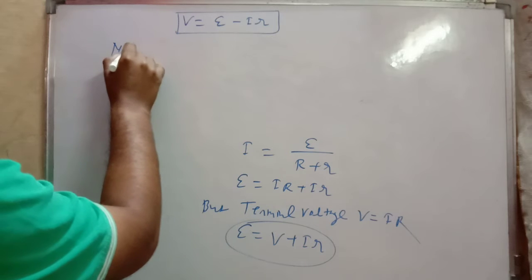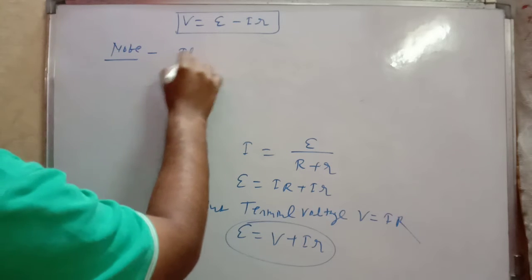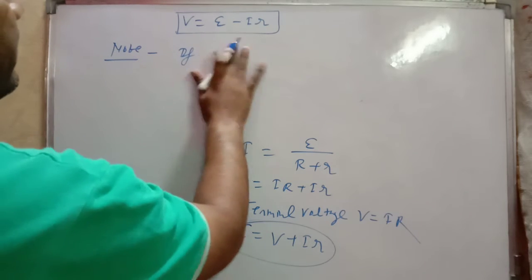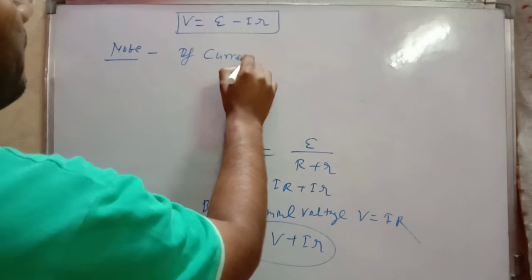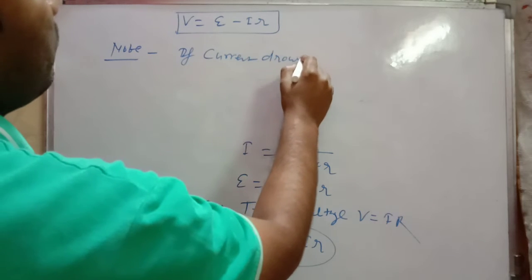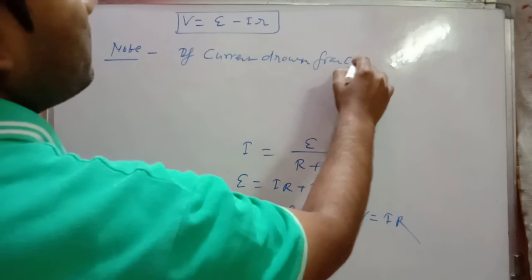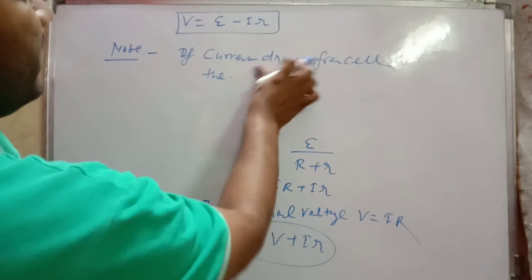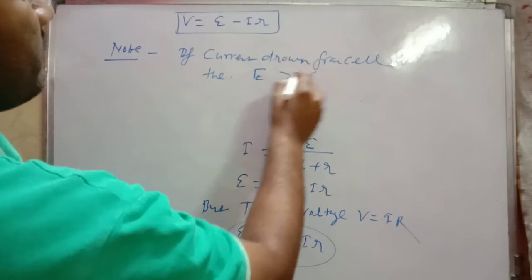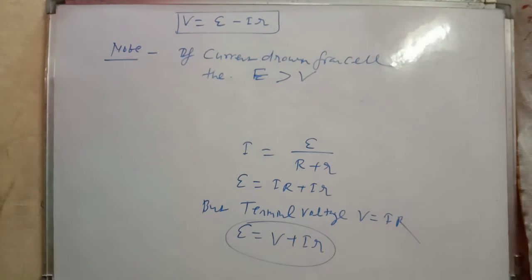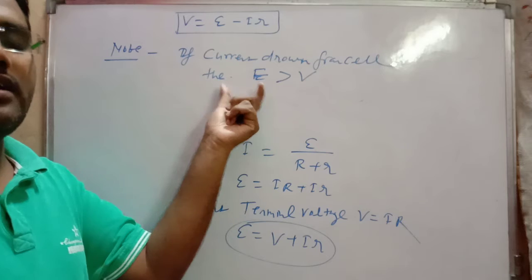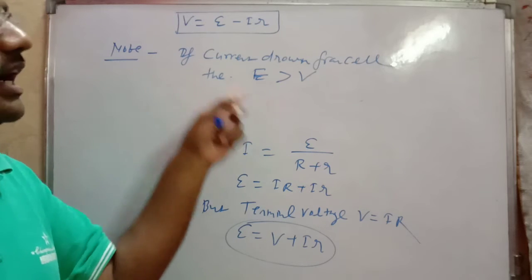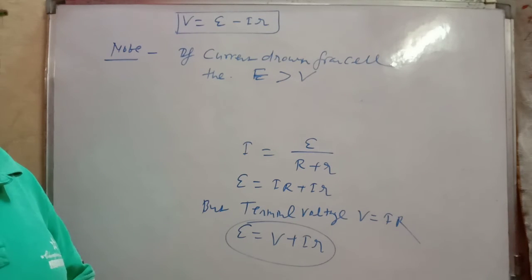Note here, if current is drawn from cell, then EMF is greater than potential, because electric current also flows from high potential to low potential.